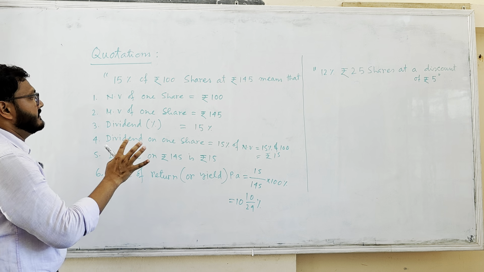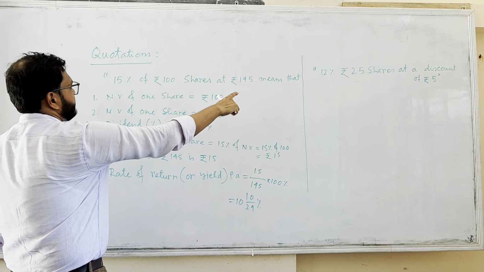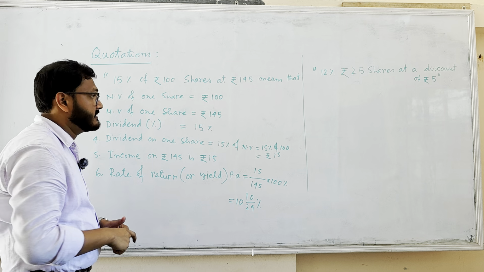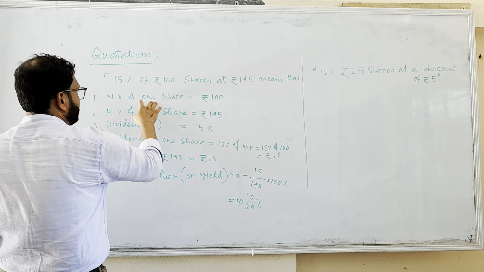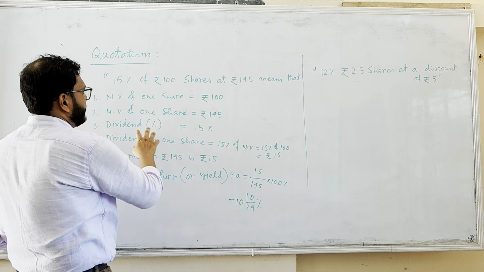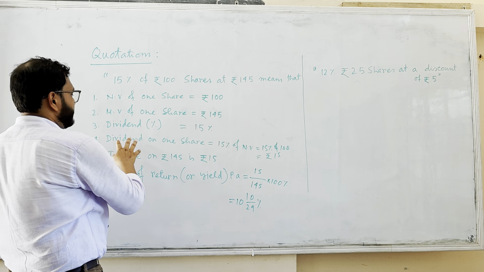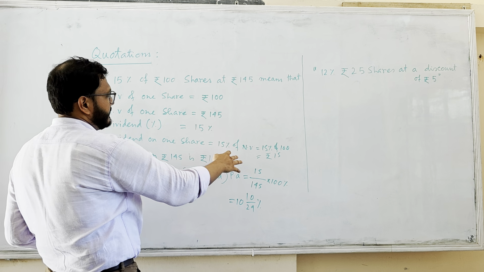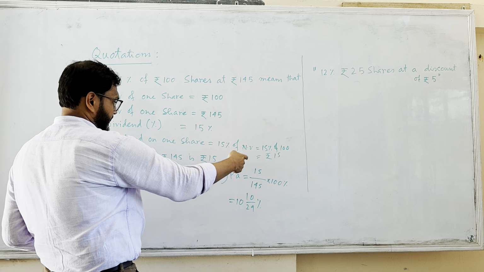So I hope it's clear. If you get this type of statement, from there you have to understand this is my nominal value, this is my market value, the dividend percentage is 15%, and the dividend on one share is on the nominal value.